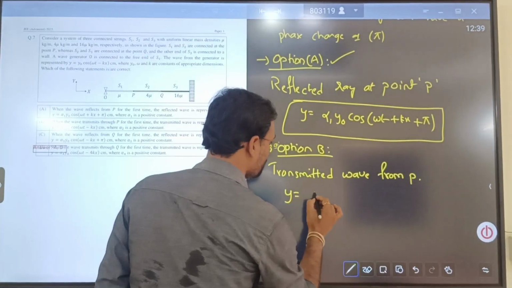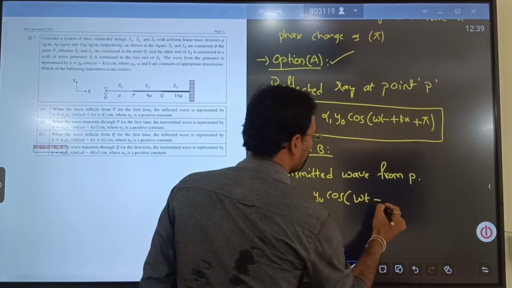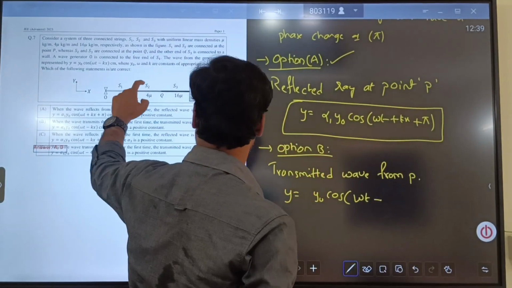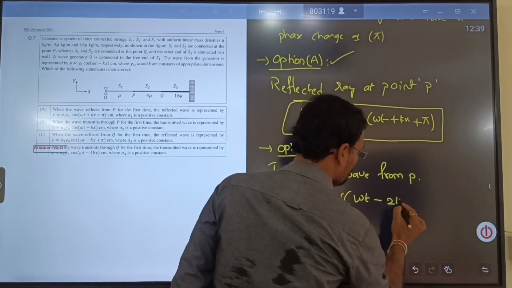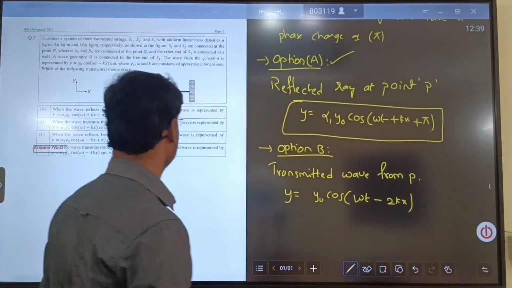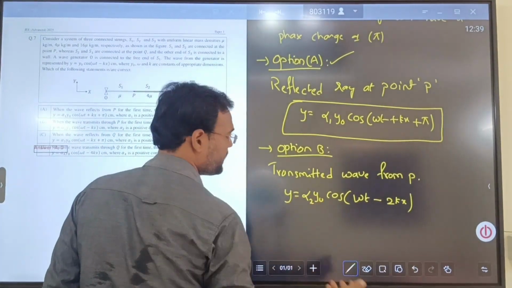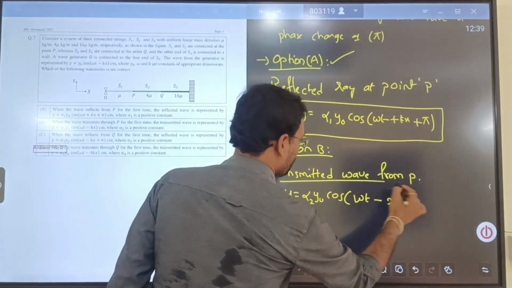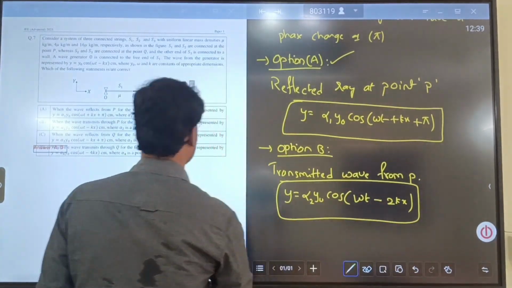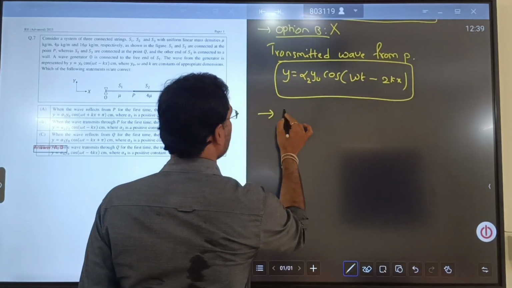See, y equals y naught cos(omega t minus ...). For S2 we already found the wave number as 2k, so 2kx. This is how we need to represent it, but they are representing it here as kx instead of 2k, of course alpha 2 is a constant, forget about that. So option B is wrong. Then go for option C.